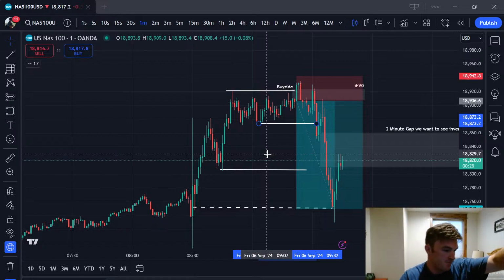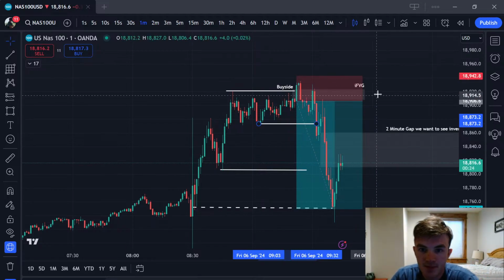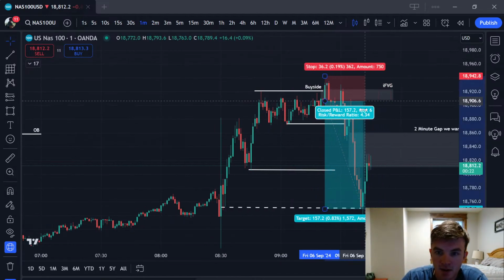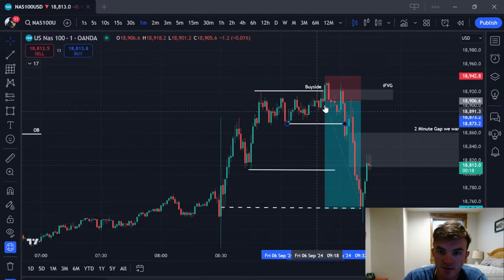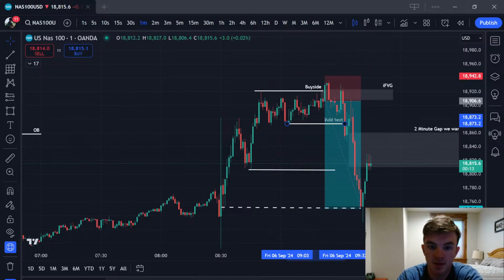So just back to what we were talking about. So this would have been the trade, had you taken this trade in the pre-market, and this would have been TP1, stop loss to break even.